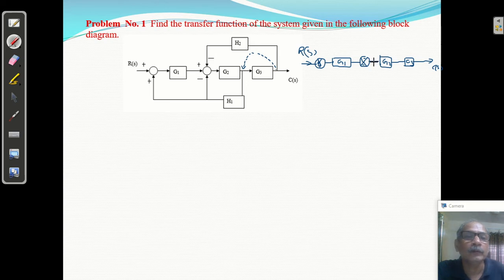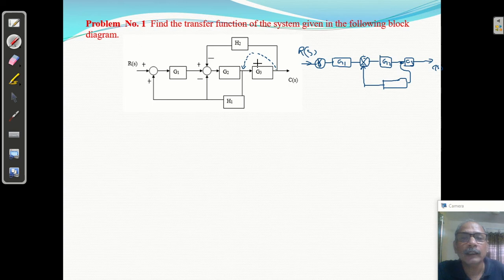So what will be the gain of the system I am going to take? Okay. I'm going to shift here. This is the takeoff point. Okay.